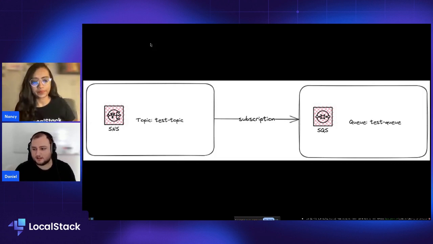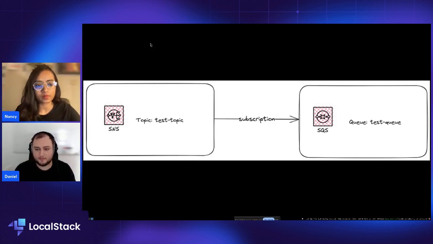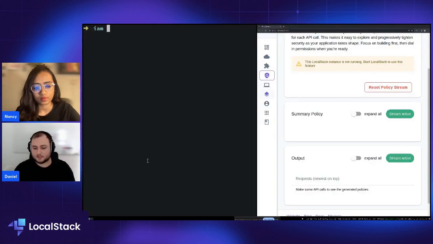The whole thing will run on LocalStack with IAM enforcement enabled. So we can take a look at the common pitfall I already mentioned and how LocalStack will help you circumvent it or define the correct permissions for this interaction. On my left side here, I have a terminal where I'll create all my resources, create the subscription and then publish messages.